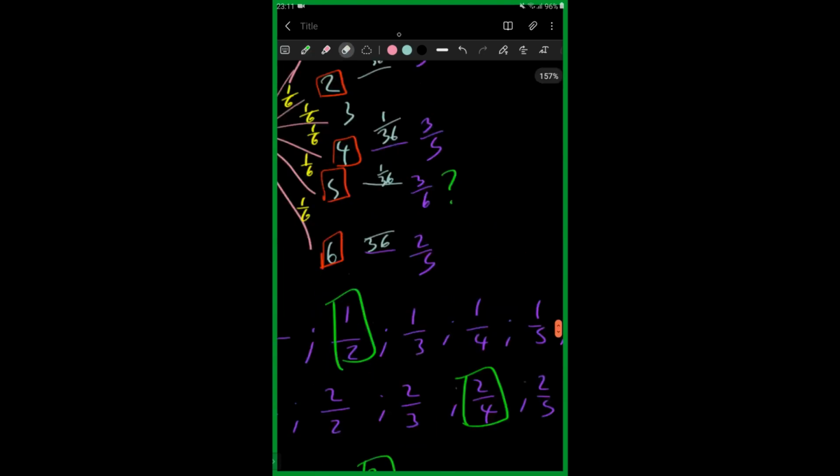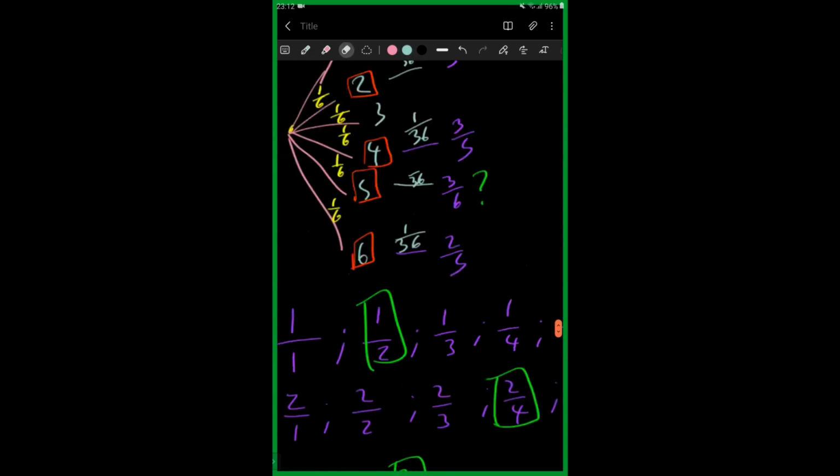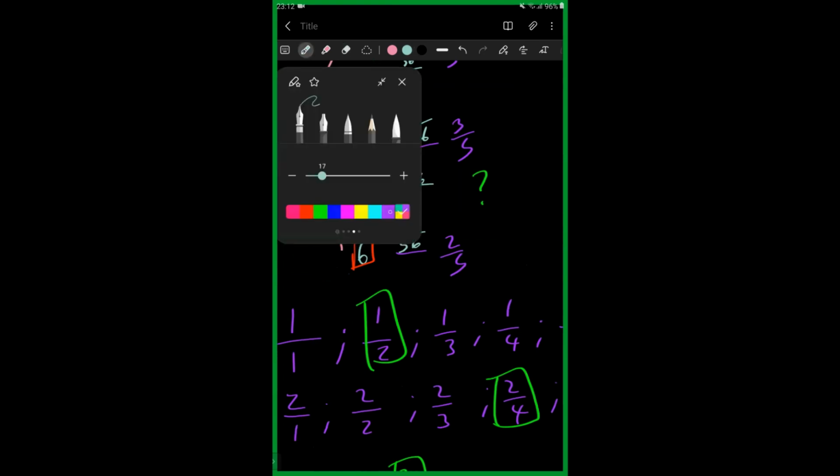So for the half, there's actually 3 options, right? That will give you what you may call a fraction of a half, because the idea here is the fraction that's a half, not necessarily the number 3 over 6.